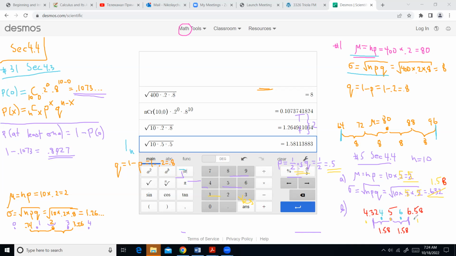Can you guess 7? Is it possible? Maybe, because it's actually close to 7, right? So it's kind of on the border, but it is possible that somebody who is a lucky guesser will guess 7 correct, and somebody who is not a lucky guesser will only get 3 correct, right?